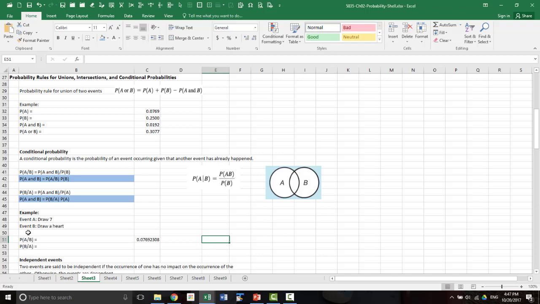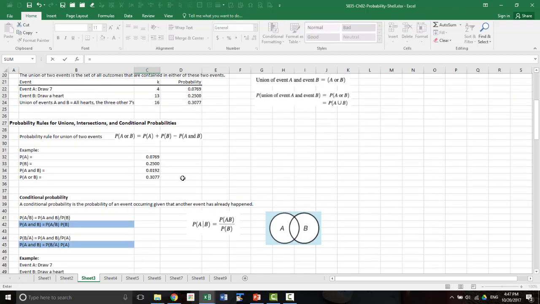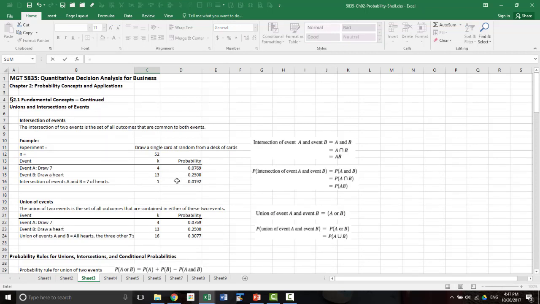Similarly, if you want it the other way around, we can start from the same place: probability of A and B divided by probability of A. Now you're saying that given A, it is a 7. Given that it is a 7, what is the probability that it is a heart as well? There are 4 sevens, and only 1 of them is a heart, the 7 of hearts.